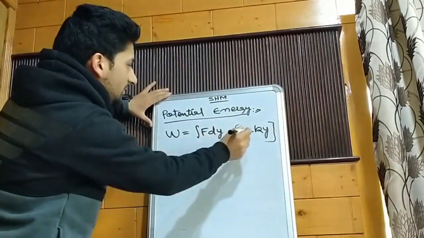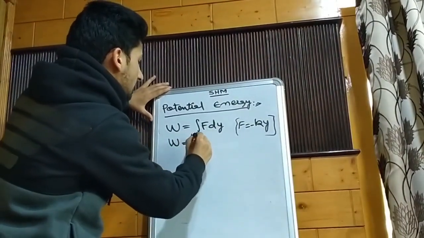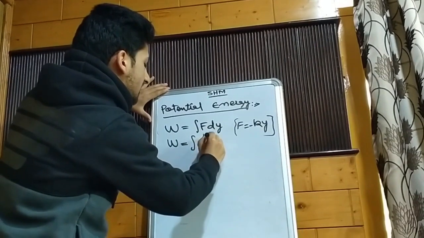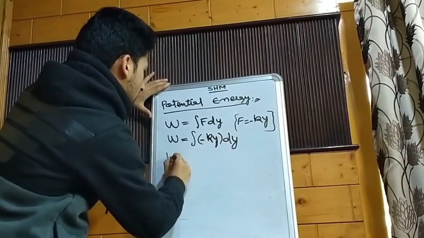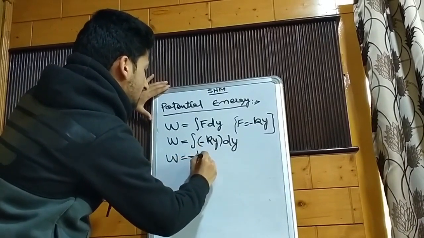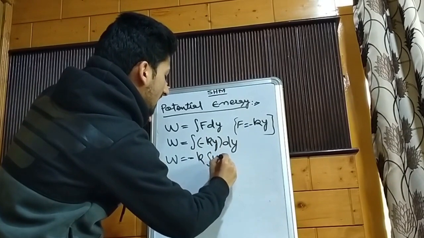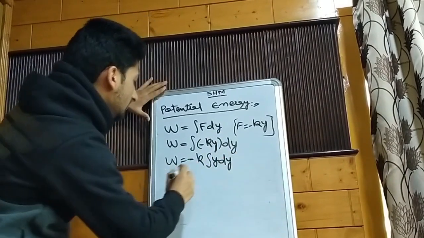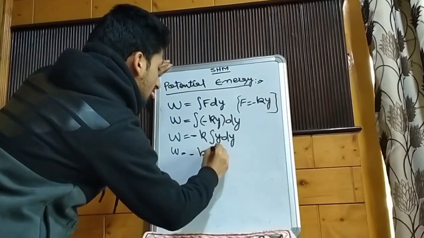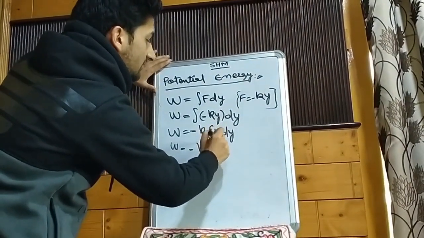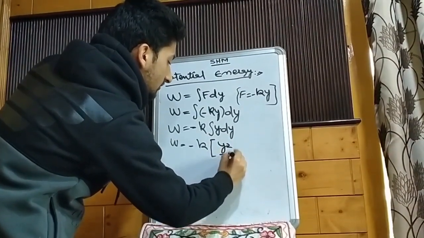So we replace this force by minus ky. Work done will be equal to the integral of minus ky dy. Taking minus k out of the integral, this becomes the integration of y with respect to dy, which is y square divided by 2.